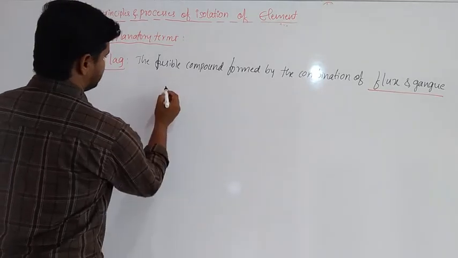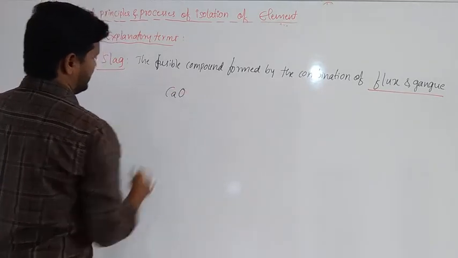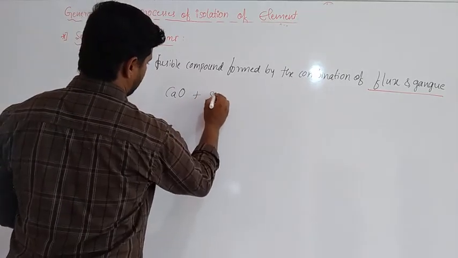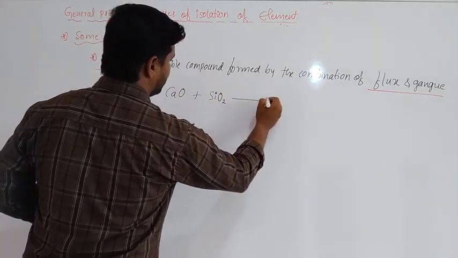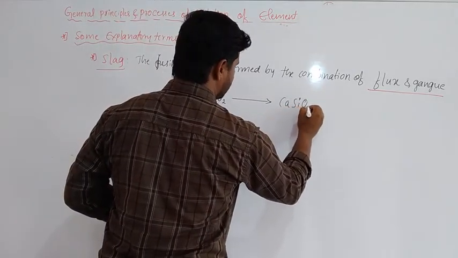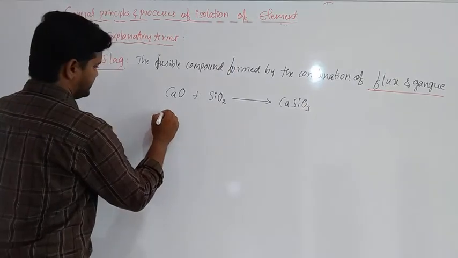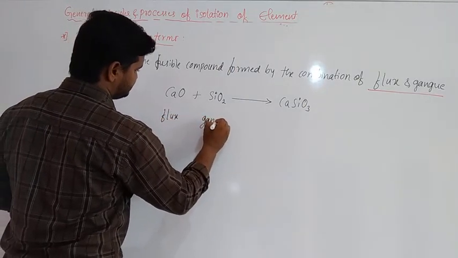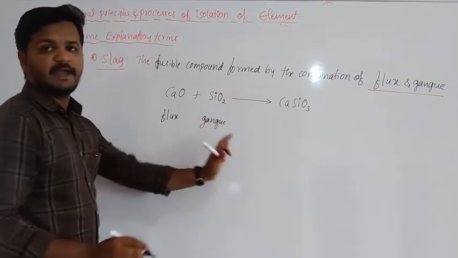Example: flux, calcium oxide, or lime, and gangue, that is silicon dioxide, combine to form a fusible compound, that is CaSiO3, calcium silicate. So this is flux, this is gangue.